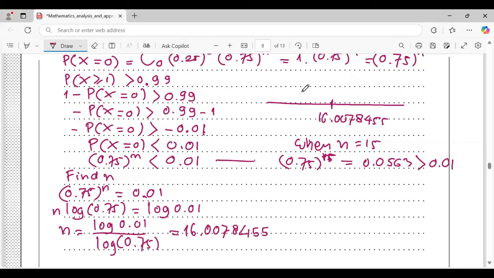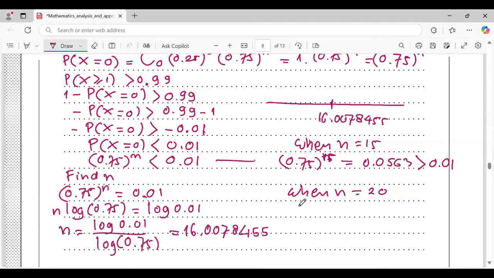We have to find which area satisfies the inequality, where the result is less than 0.01. 15 is a number less than 16. Now I'm going to use another n, n equals 20. 20 is a number at the right side of 16.